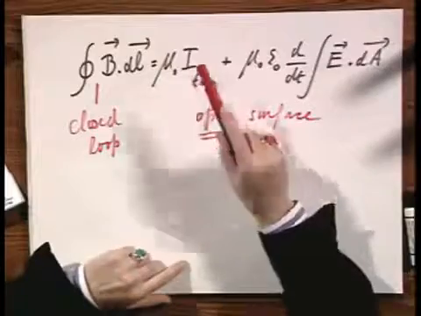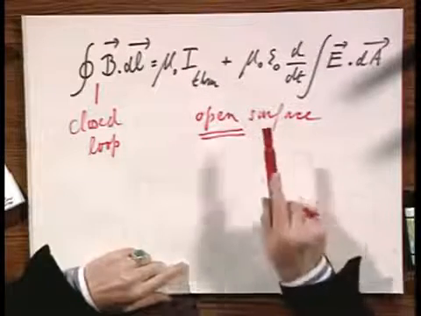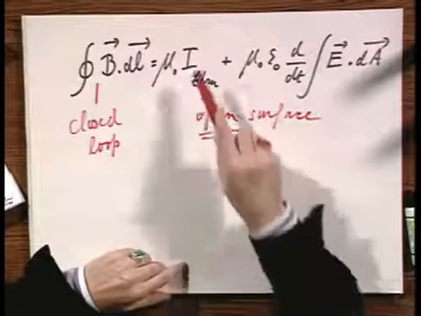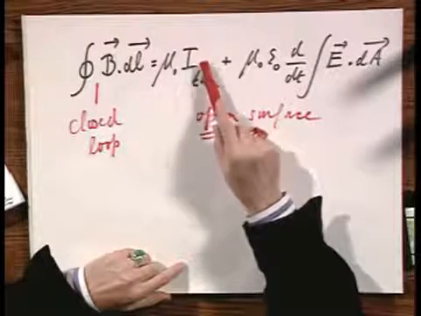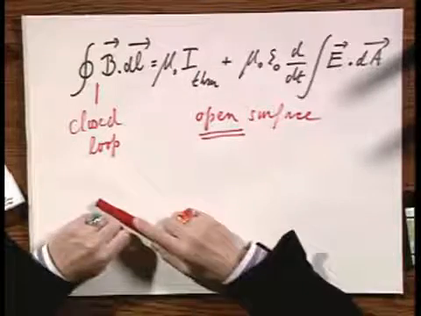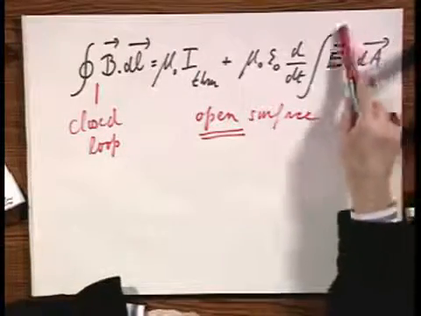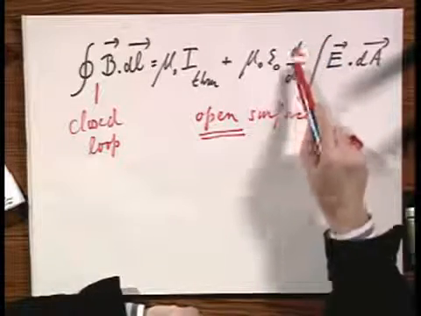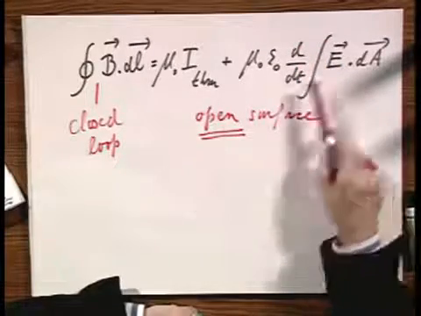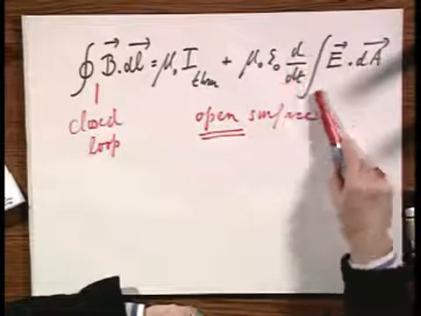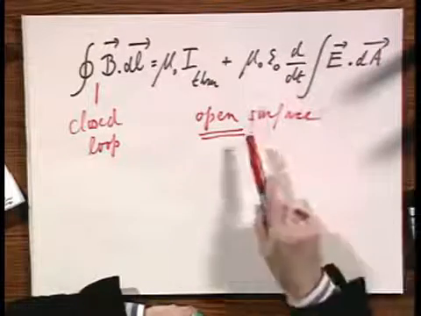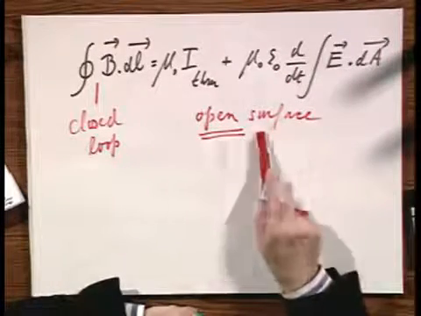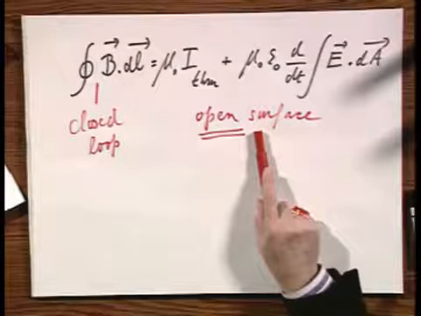I through is the current that poked through that surface. The whole concept of a current going through a loop is nonsense. This is an electric flux, and this is the time derivative of that electric flux. And this is the time derivative of electric flux going through that open surface.